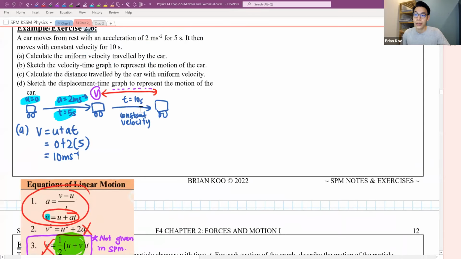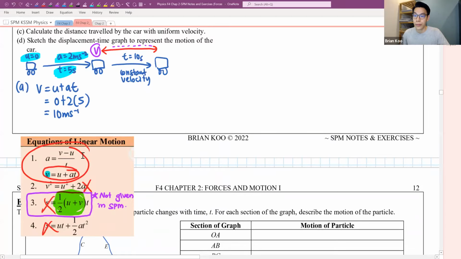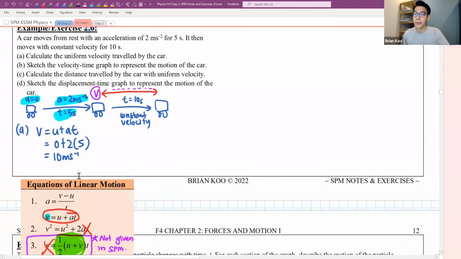For part A, I'm considering only the first part. Remember, you can chop your journey into different sections. So for this section only, the final velocity is that.